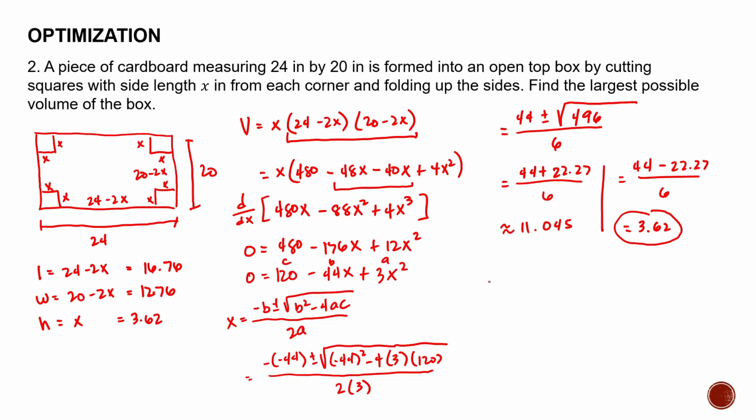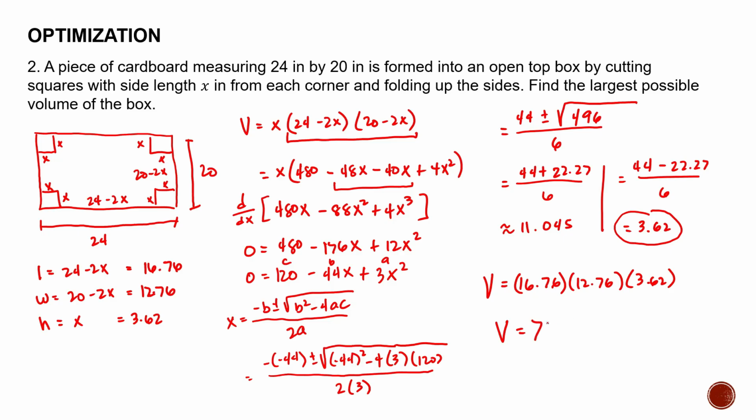Right, so all we need to do is to multiply those three: 16.76, 12.76, and then 3.62. And that will give us the maximum volume. 16.76 times 12.76 times 3.62. There you go.